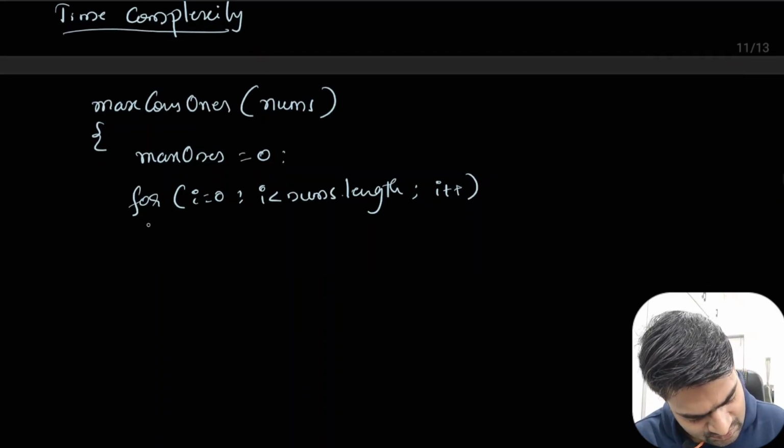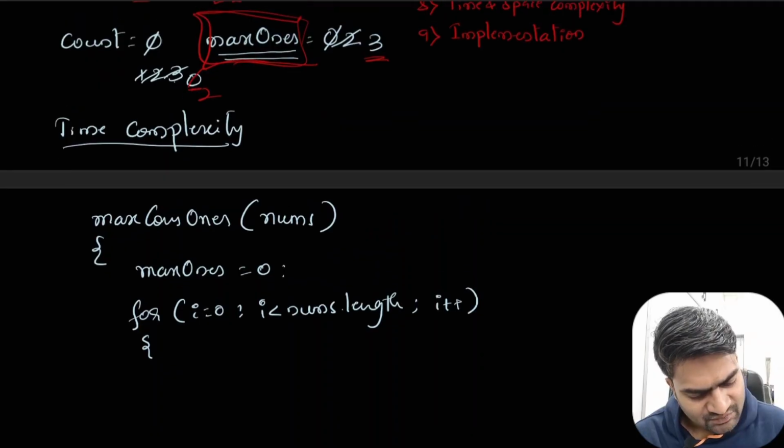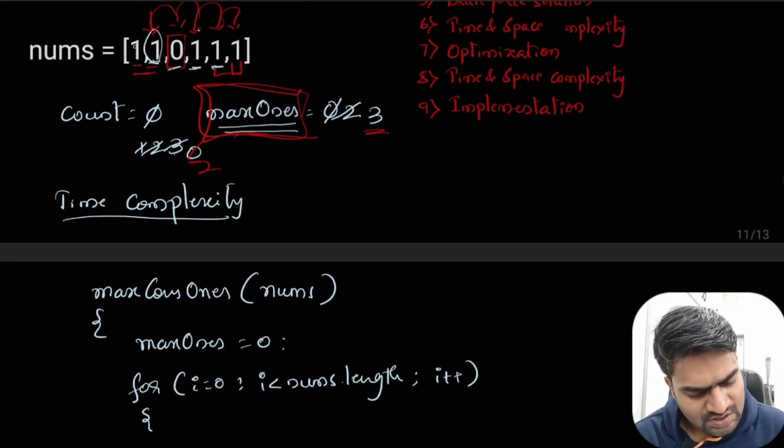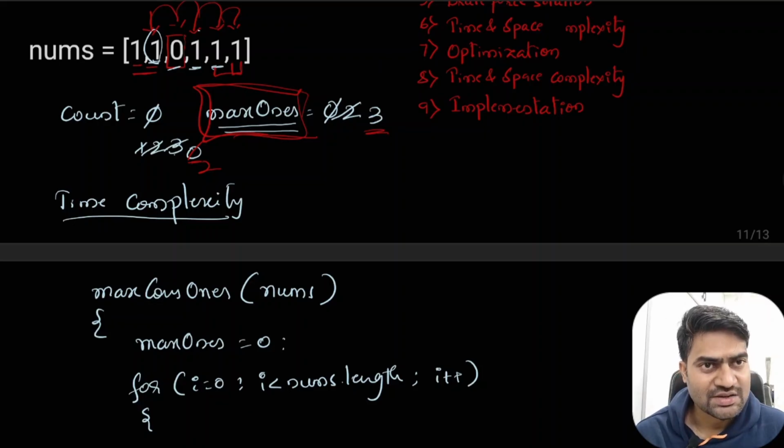So what we did, we iterated from one element to the next element. Correct, right? That's where we are using this for loop. After that, if the number is 1, we started counting from that point till the next available ones.